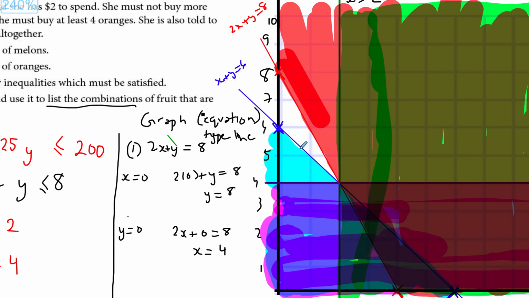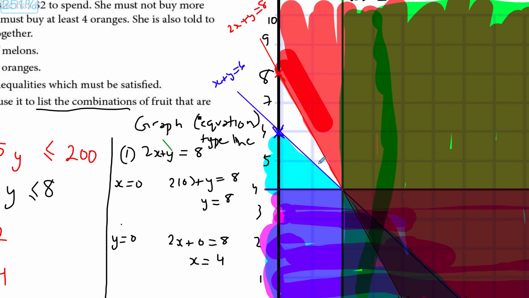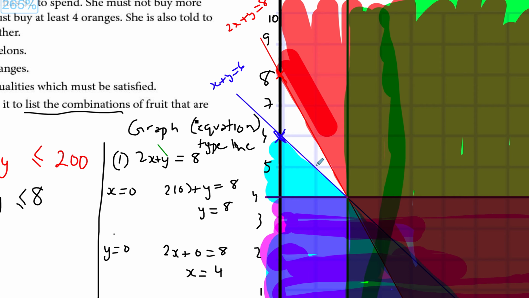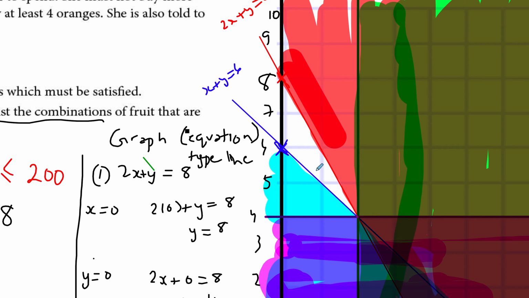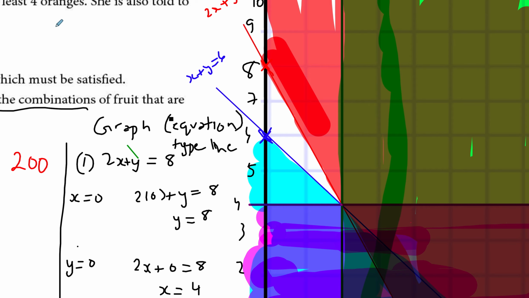So be aware that if your solutions lie on the line, then you need to make sure that your line is a solid line and not a dotted line. So I'm going to explain that a bit more. When you select your combinations, you need to pick something that is on the line, inside, and if it's on the line, you need to be careful that it has to be a solid line.